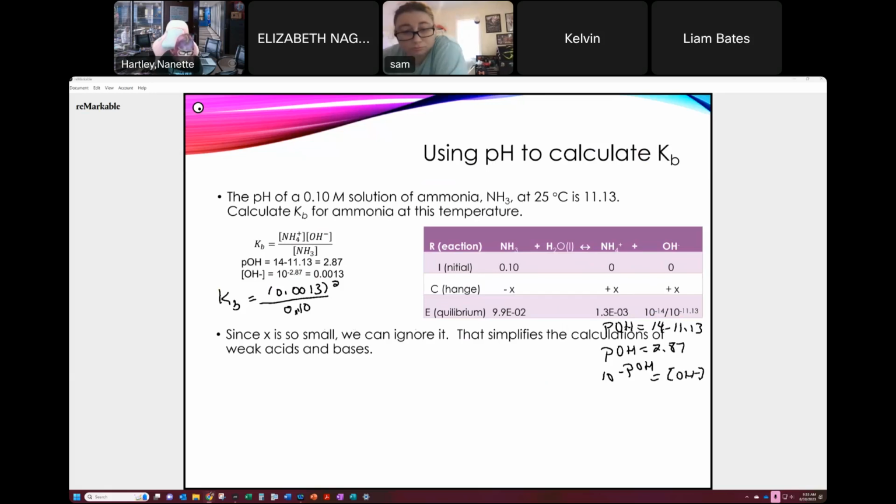So I take my 0.0013, square that, divide that by 0.1, and that gives me Kb equal to 1.69 times 10 to the minus 5th. So I've just done something similar to what we did for the acid in terms of the Kb, but we've got to remember that what we're given is pH, which doesn't directly relate to what we're looking at here. Okay, so questions about that?